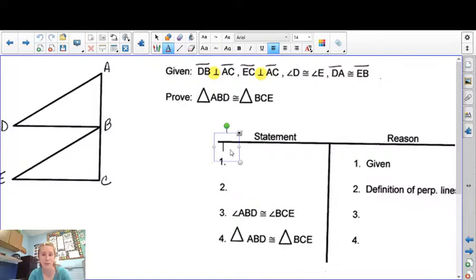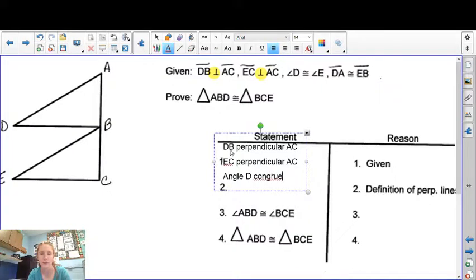So DB is perpendicular to AC, and EC is perpendicular to AC, and angle D congruent to angle E. Oh man.